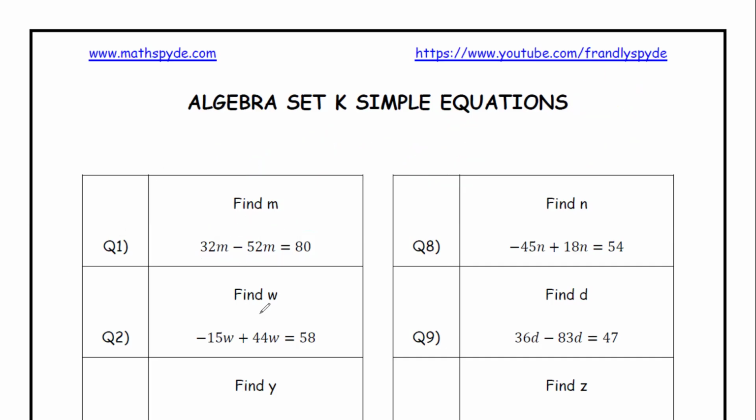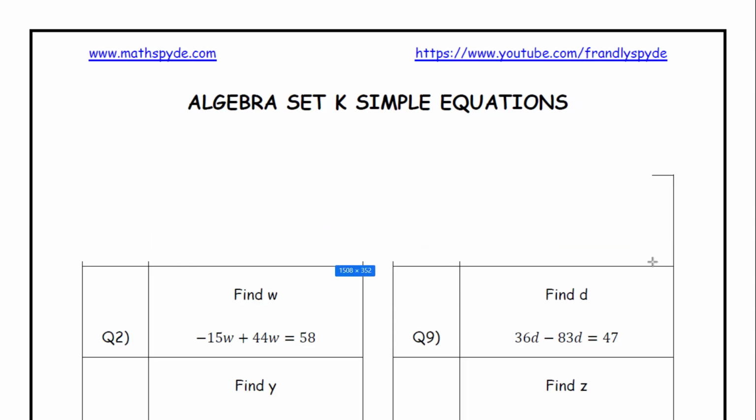Question number 2. Find w. Negative 15w plus 44w will be how much?